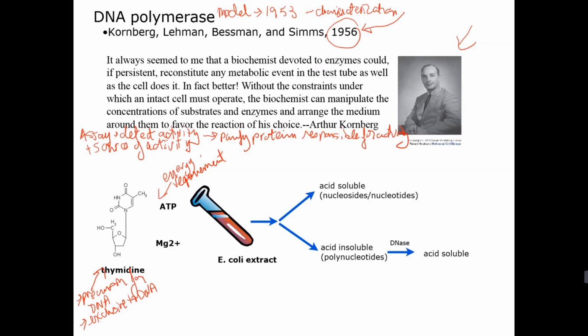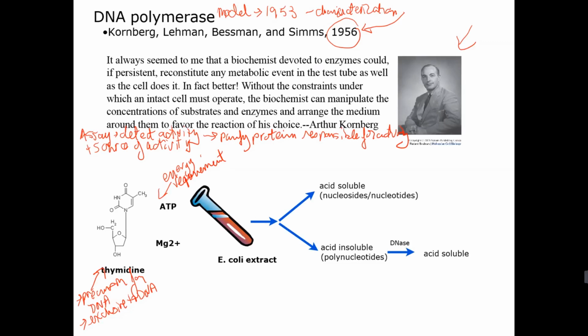Magnesium, they added it because it's a divalent cation, and enzymes involved in these different kinds of nucleic acid metabolism reactions tend to use ATP, and also have magnesium around. So they just added that because they also thought it would be a good idea.